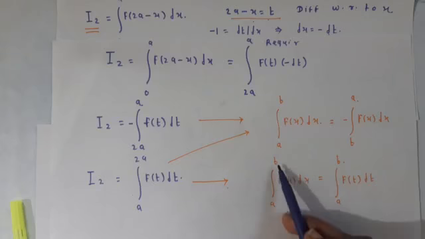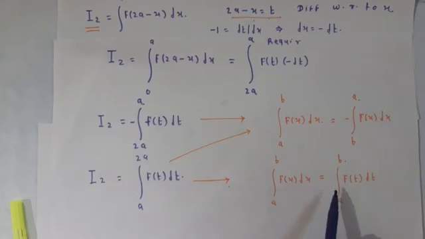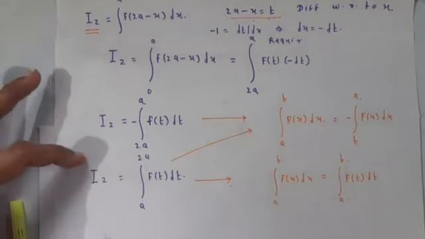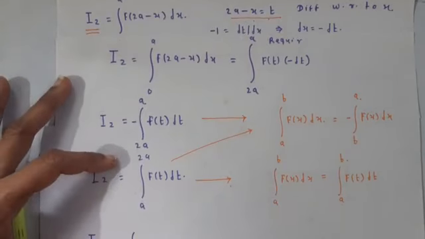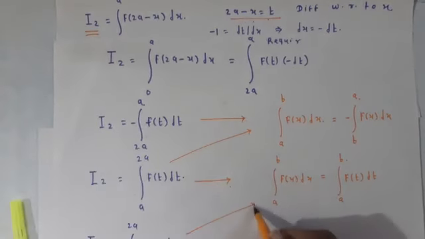If the limits of integration are the same, then there is no change in the value of the integration. Therefore, by using this property, integration I2 equals the integration from a to 2a of f of x dx.